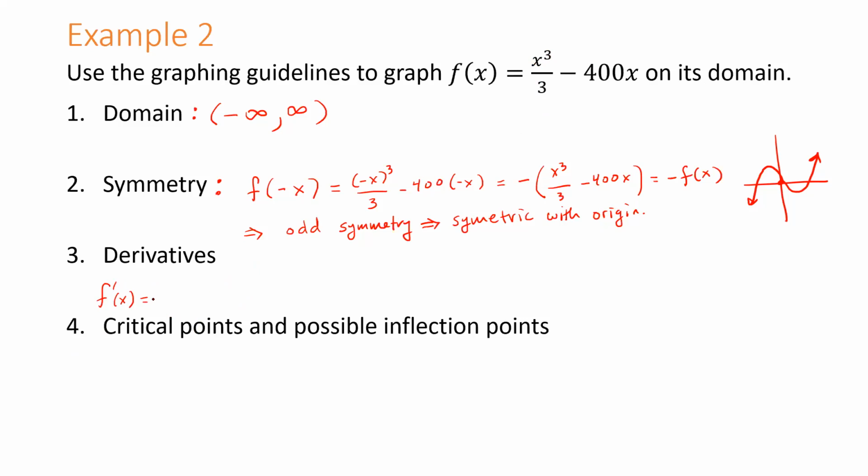The 3's cancel, so we get just x squared, minus 400x, so 400 when we take the derivative. Our second derivative would be just 2x.